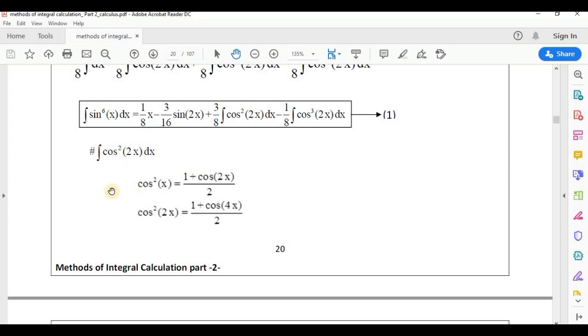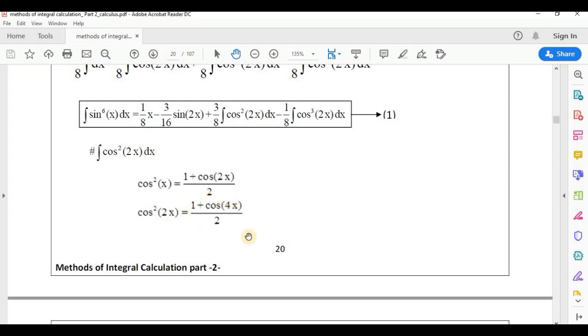So directly we will use the double angle relationship, cosine square equal 1 plus cosine 2x all divided by 2. Cosine square of 2x equal 1 plus cosine 4x all divided by 2. Notice here x becomes 2x, and 2x becomes 4x.